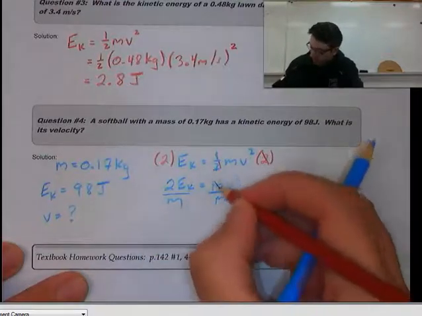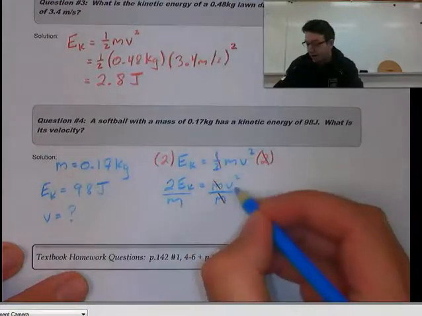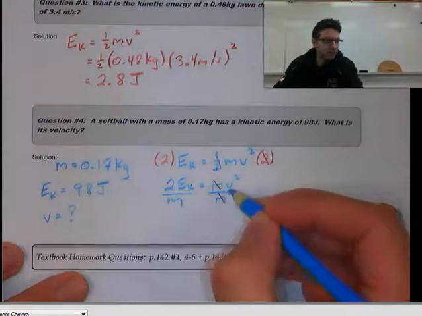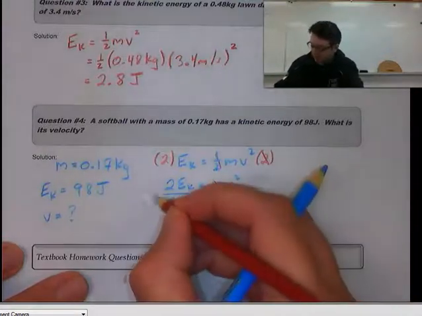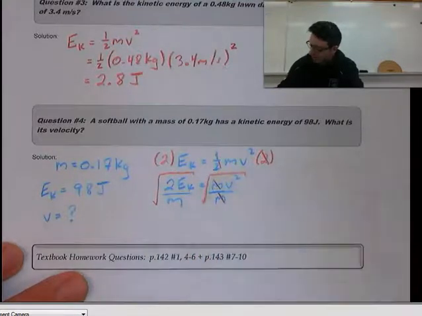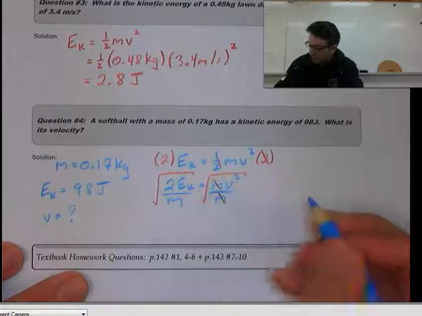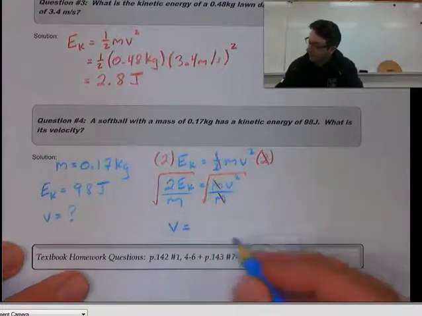So it disappears on our right side, and now we're left with v squared. The opposite operation to a square is a square root, so we take the square root of both sides. The square root of v squared is just v. I like putting the variable I'm solving for on the left. It's just a habit of mine.